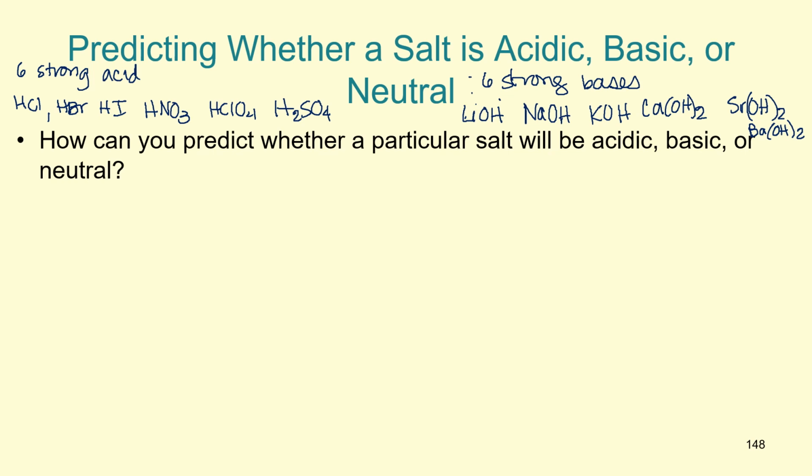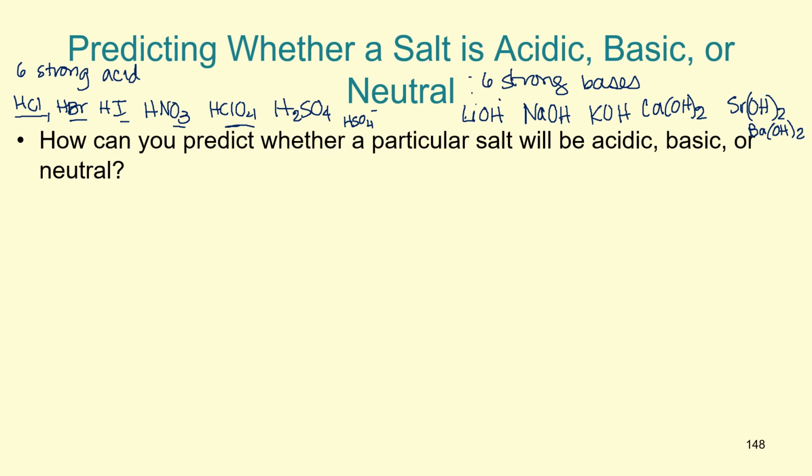All right, so what we want to do is remember our 6 strong acids. They completely dissociate. And because they're so strong, their conjugate bases are very, very weak. If HCl is really good at giving away an H+, Cl- is really bad at accepting it back. And so for all intents and purposes, these 6 negative ions, and the negative ion here would be HSO4-, never interact with water.